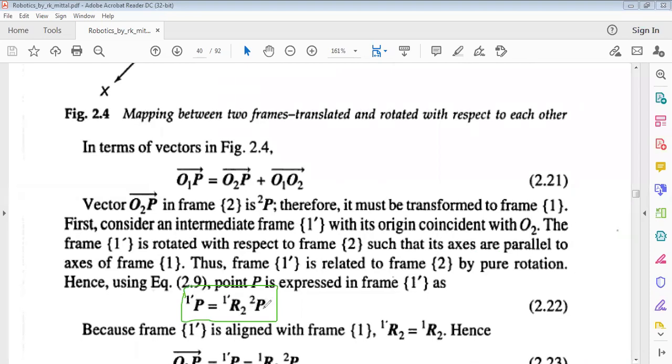This equation is similar to equation 2.9, which was derived earlier.